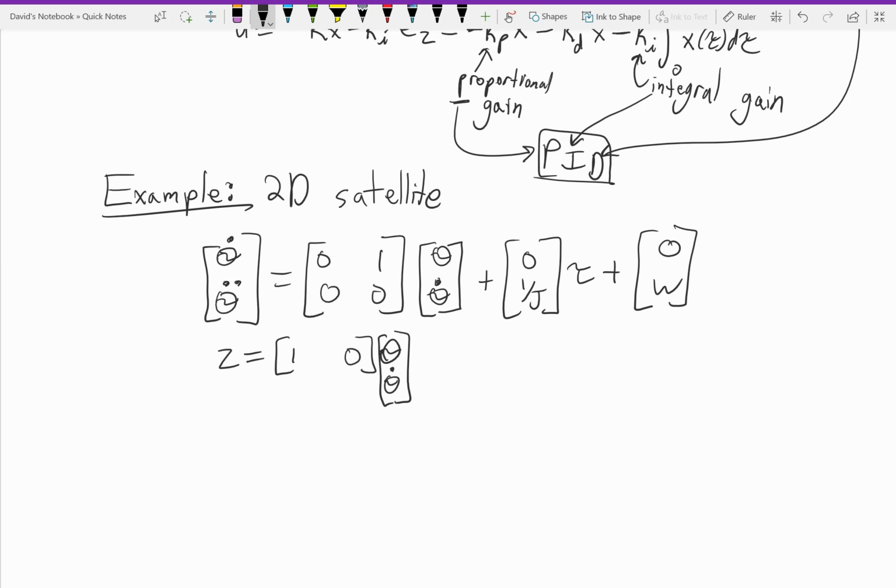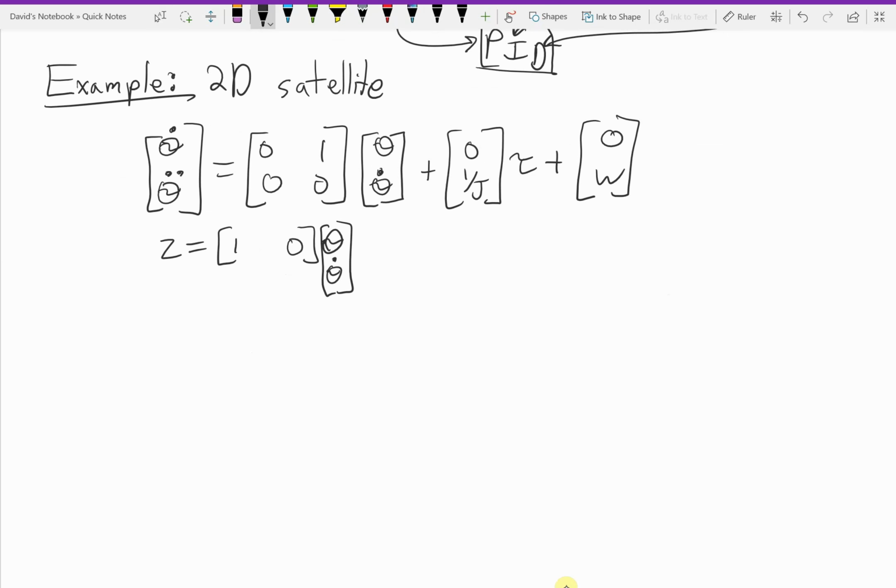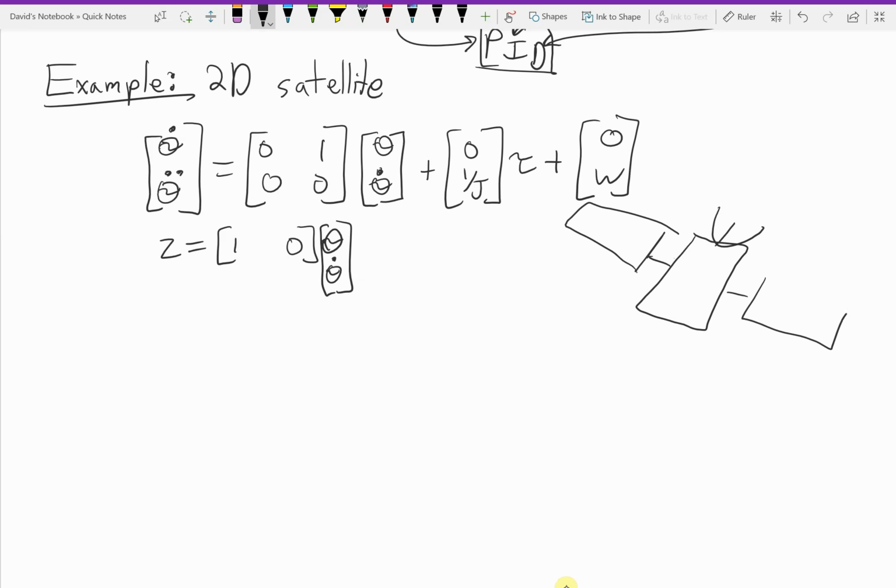So what does this mean? This means that if I have a satellite, looks like this, maybe it has some solar panels, I might define a coordinate system of the attitude of that satellite, described by an angle at which it points.